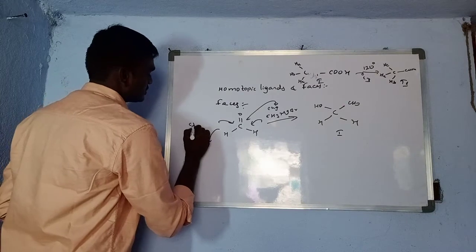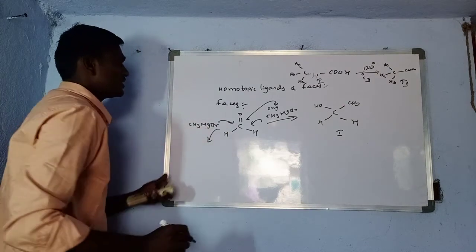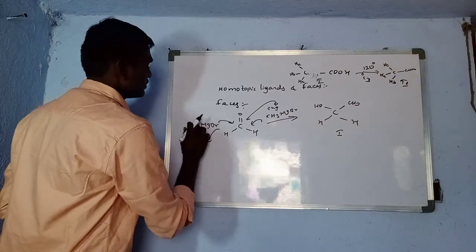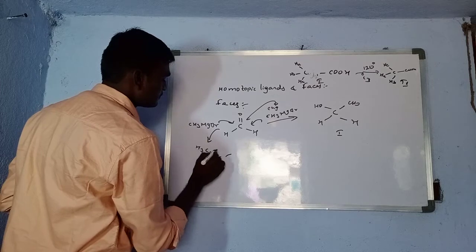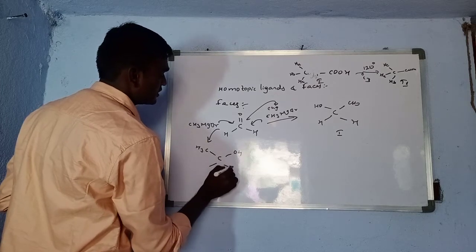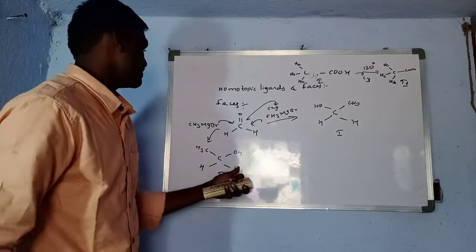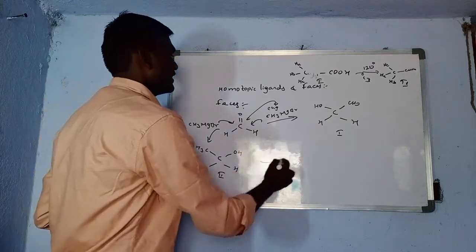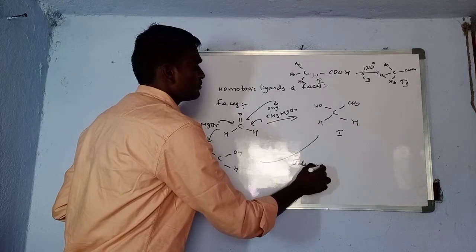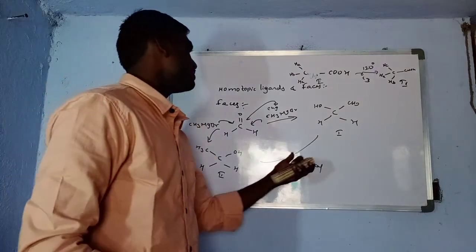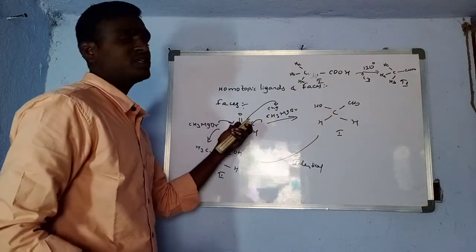In the same way, if we take the same reagent, methyl magnesium bromide, that is the Grignard reagent, it will attack on this carbonyl compound from the other side and give CH3 and OH and here H and H. By seeing structure 1 and structure 2, both are identical. So whenever we get identical products, the phases are said to be homotopic phases.